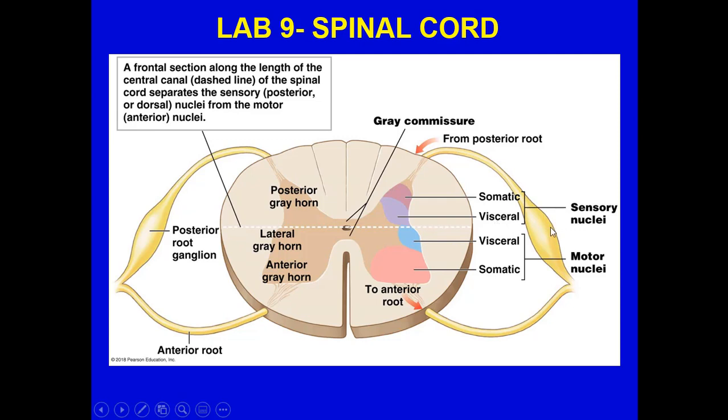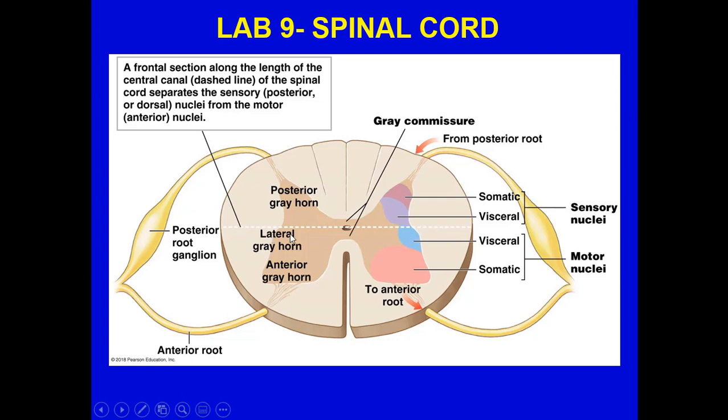Now, when we talk about the motor nuclei, this is information leaving, going on efferent pathways out to the rest of your body. The visceral part, as you can see, is a little bit smaller because there's only so much that you can control.